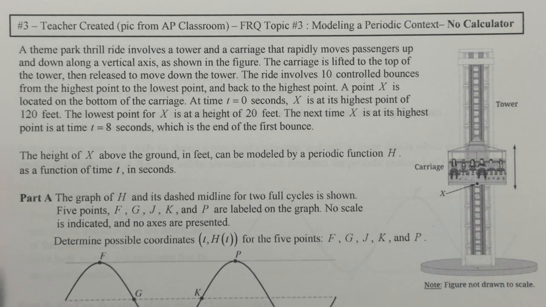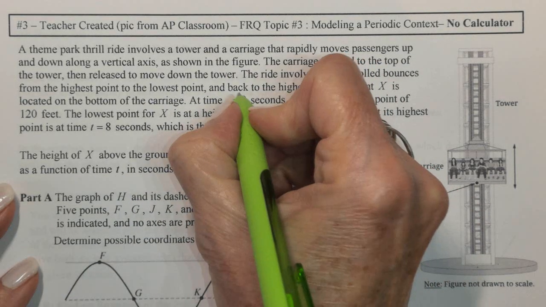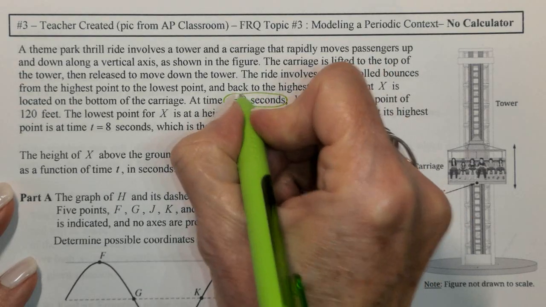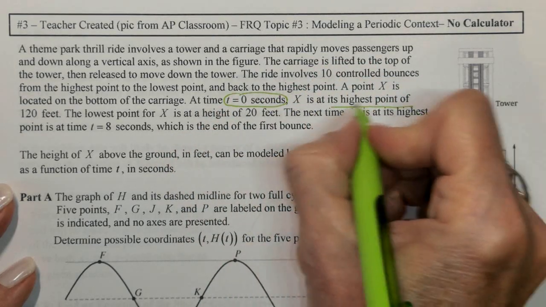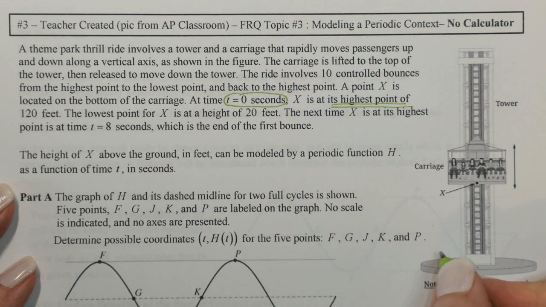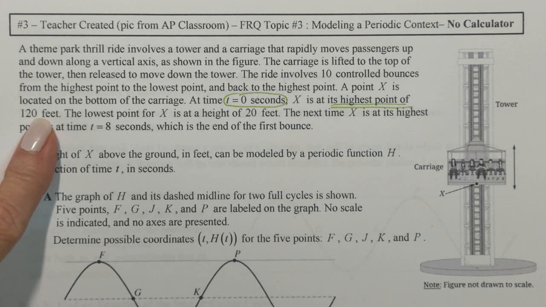A point X is located on the bottom of the carriage, and at time 0, X is at its highest point of 120 feet.